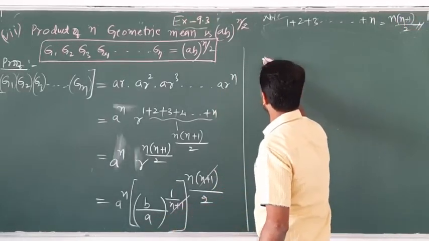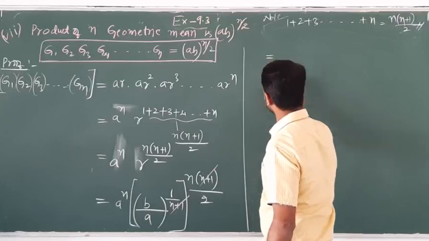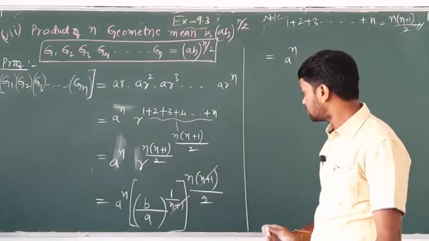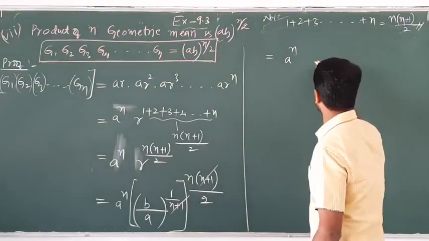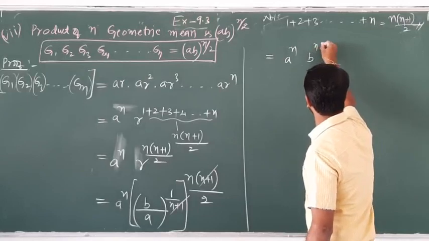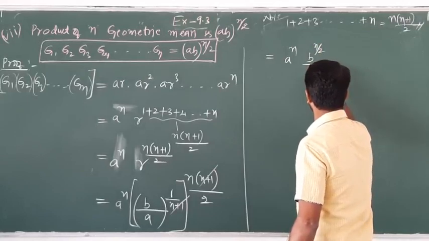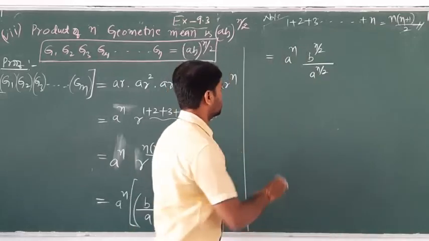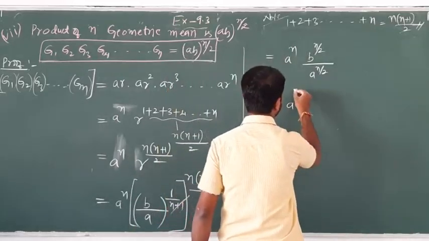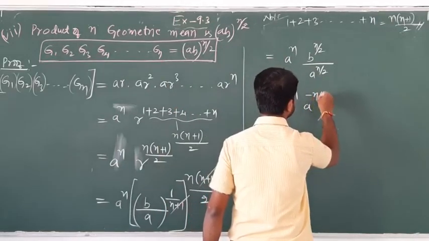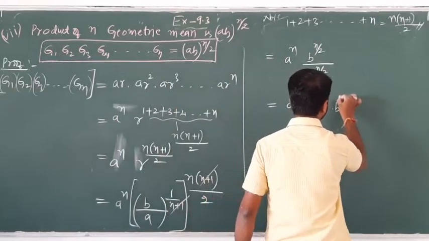Here A power of n, tell me, gets cancelled. What is remaining? Only n by 2. So (B by A) whole power of n by 2, that is B power of n by 2 divided by A power of n by 2. Therefore A power of n into A power of minus n by 2 into B power of n by 2.